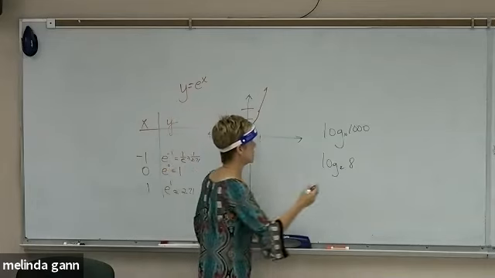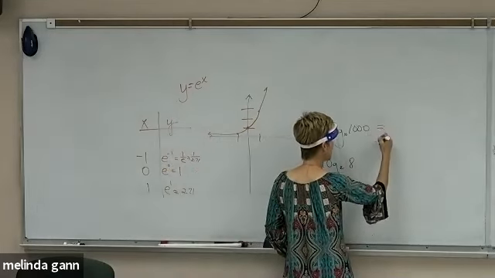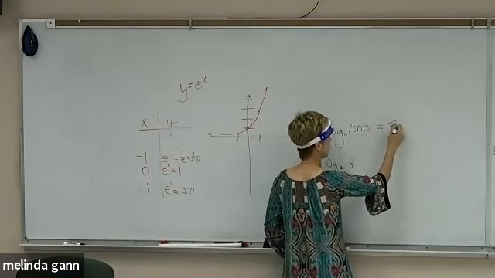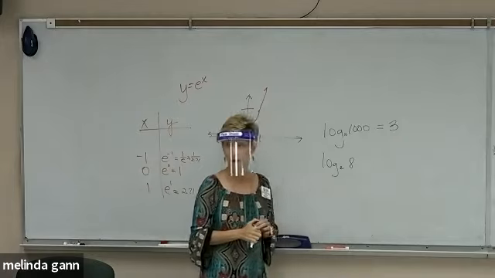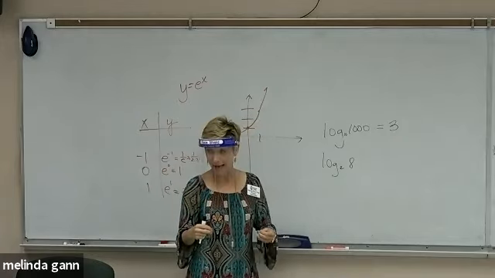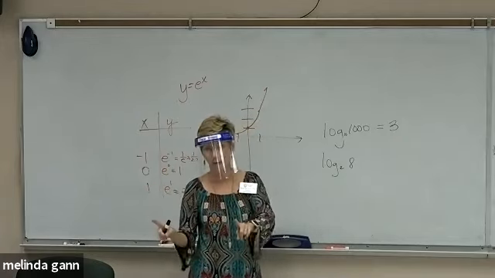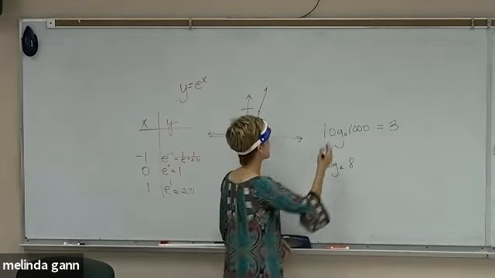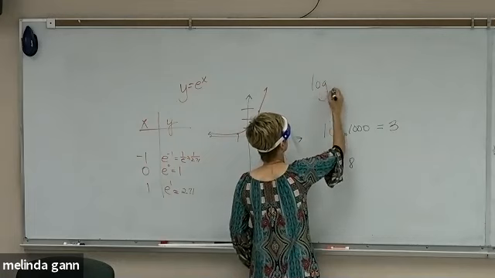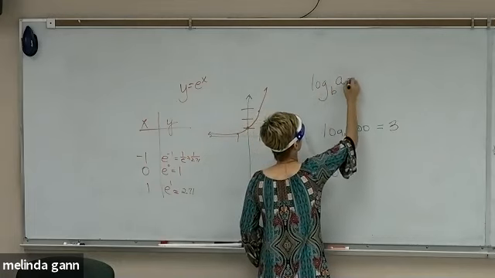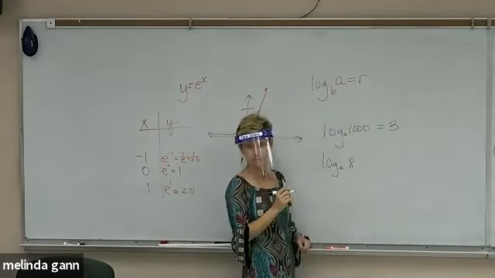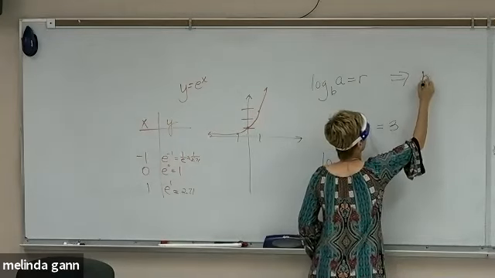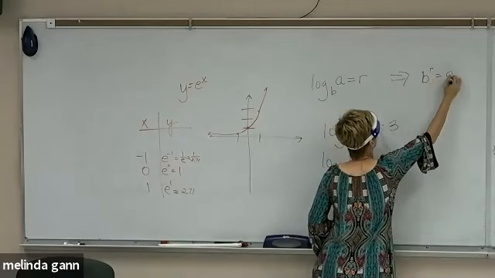So here's what I need you to understand. I know what the answer is to this without my calculator. It's 3. Because in my mind, I change it from a log problem to an exponential problem. It means that b to the r equals a.